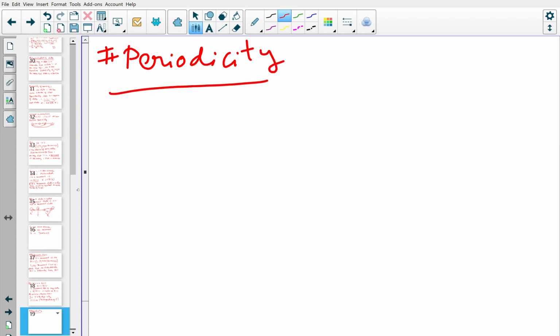So what is periodicity? You see that inside a recurrent class, some recurrent classes have a nice property, and some recurrent classes do not. So what are these properties? Let me write down the definition.